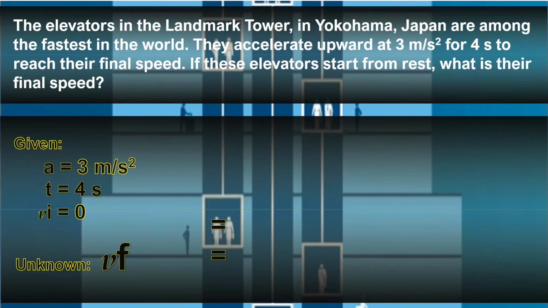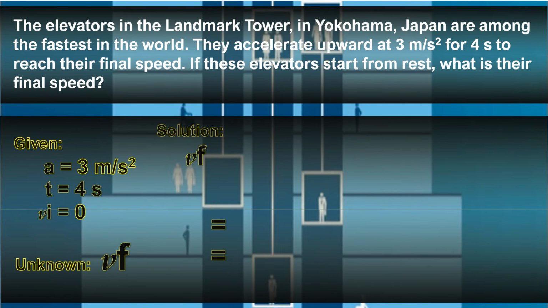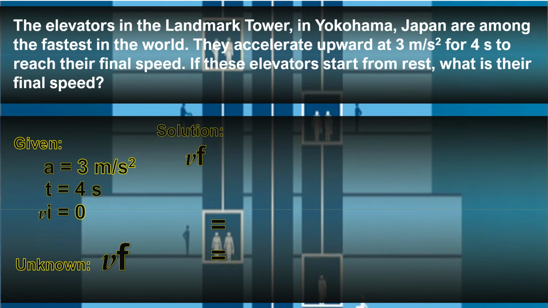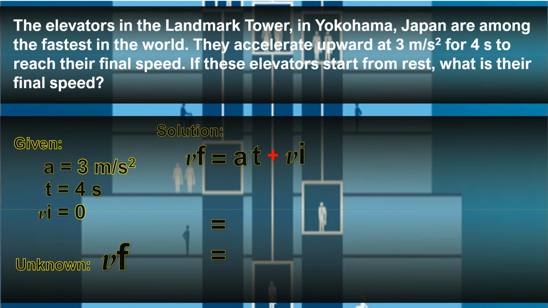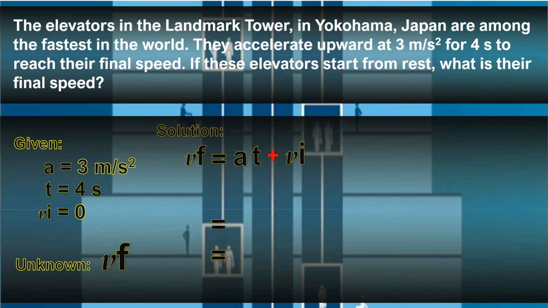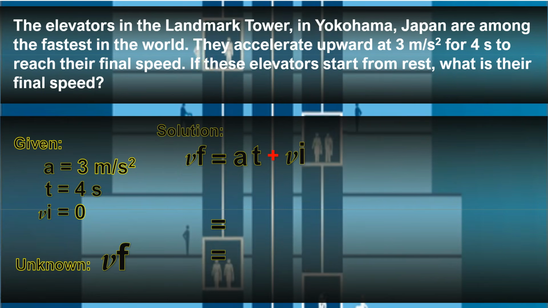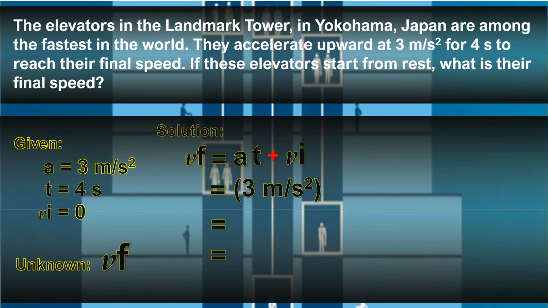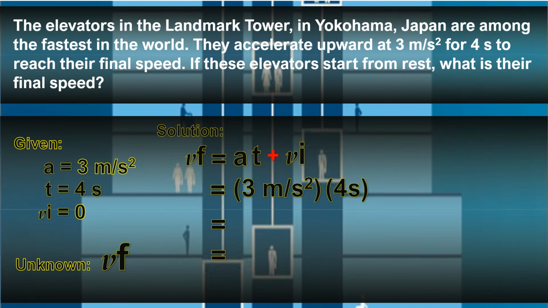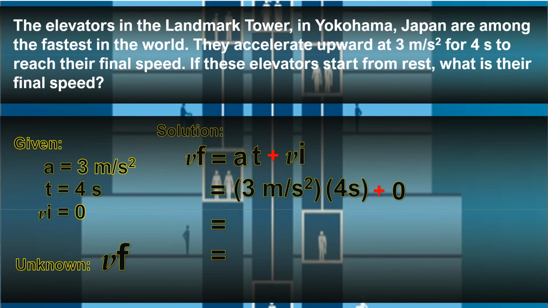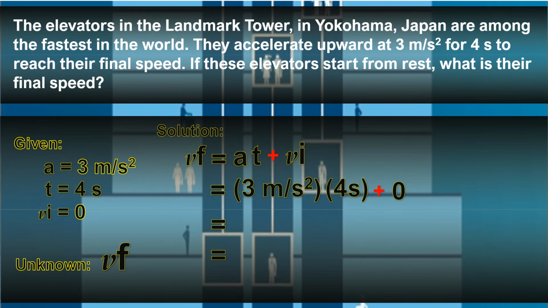Unknown is final velocity with the formula of Vf is equals to A times T plus Vi. Vf is equals to 3 meters per second squared times 4 seconds plus 0.